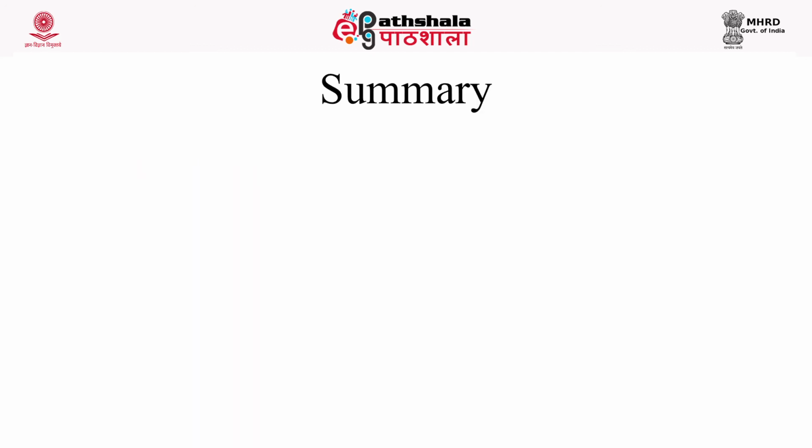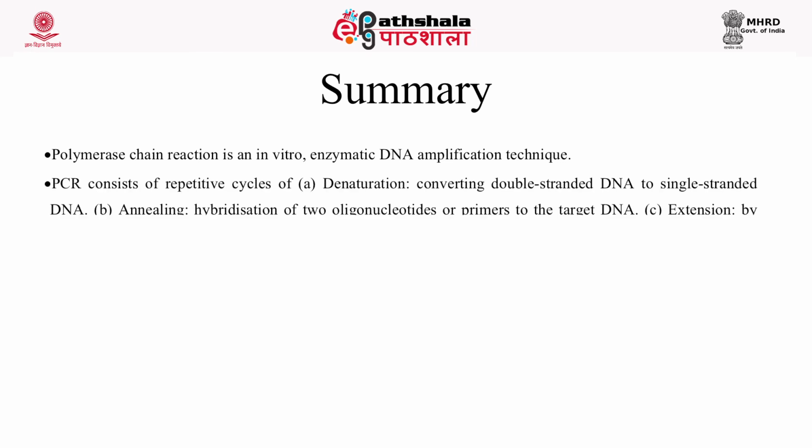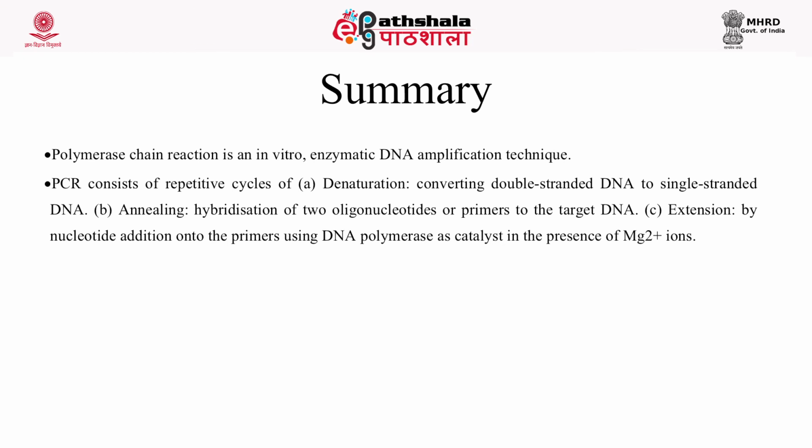Now let us summarize what we have learned in this module. Polymerase chain reaction is an in vitro enzymatic reaction for DNA amplification. The PCR consists of repetitive cycles of 3 steps: denaturation, annealing and extension. In denaturation, the double-stranded DNA melts into single-stranded DNA.